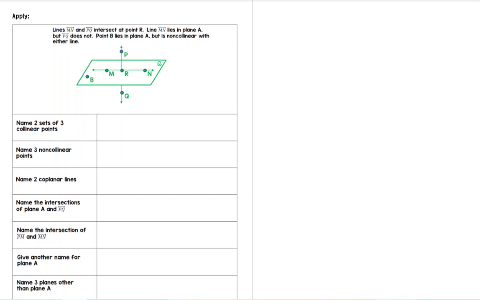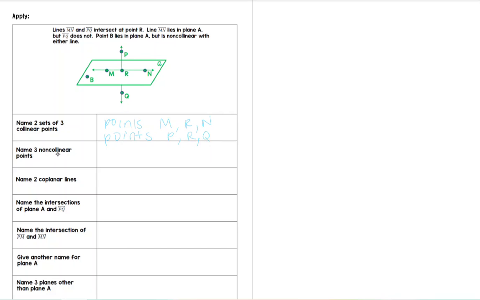You had a couple options here. We could have said that points M, R, and N would be collinear points because they are all on that line. Another answer could have been points P, R, and Q because they are also on one line together. So either choice would be good there.